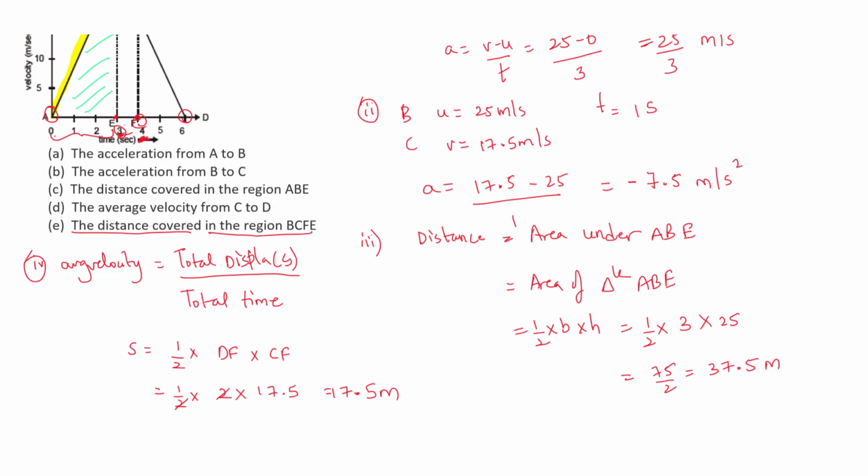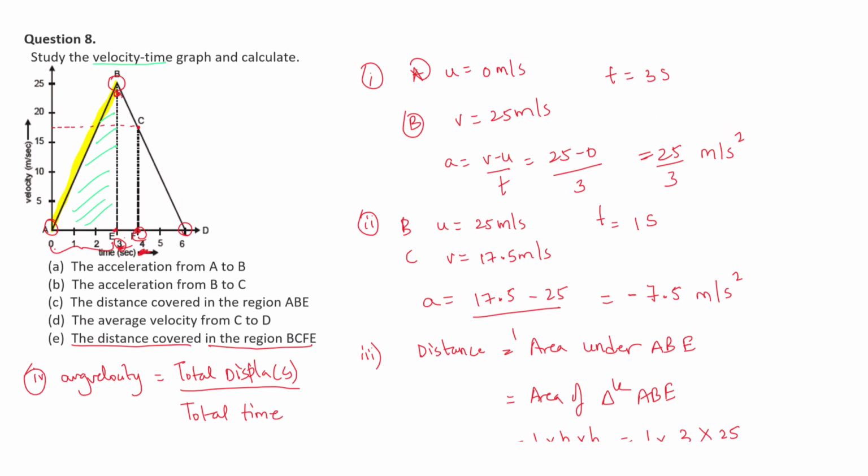Let's see the distance covered in the region BCFE. Where is BCFE? Here's our B, C, F and E. This is in the form of a triangle and a rectangle.